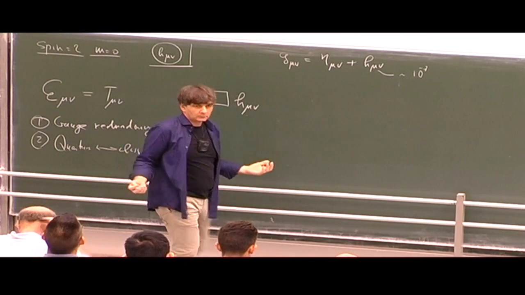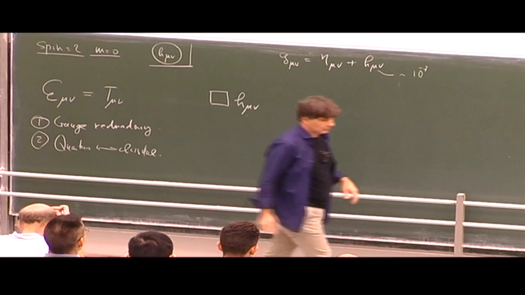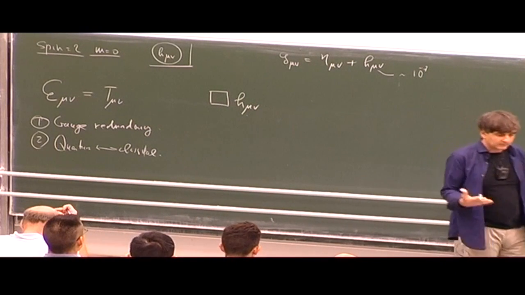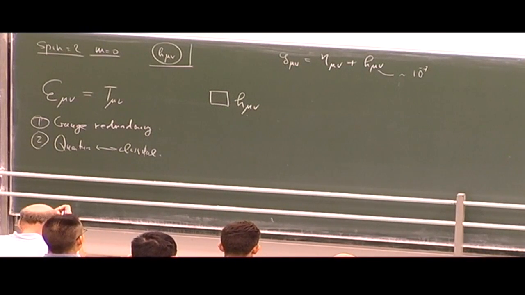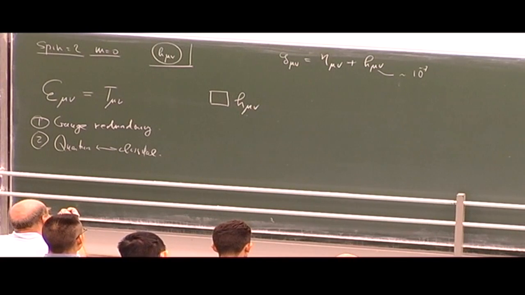Now it turns out that theories of particles with spin starting from 1 and higher, the formulation is always gauge redundant.